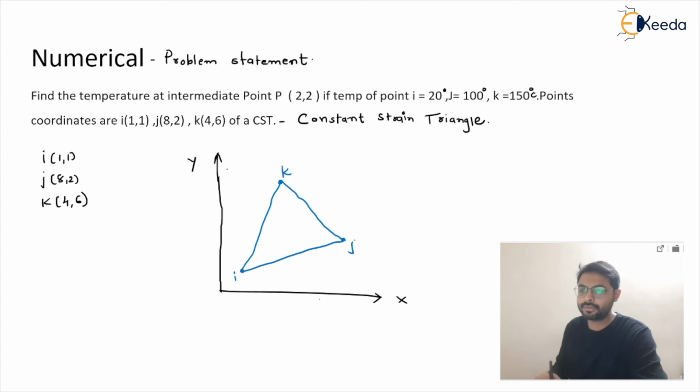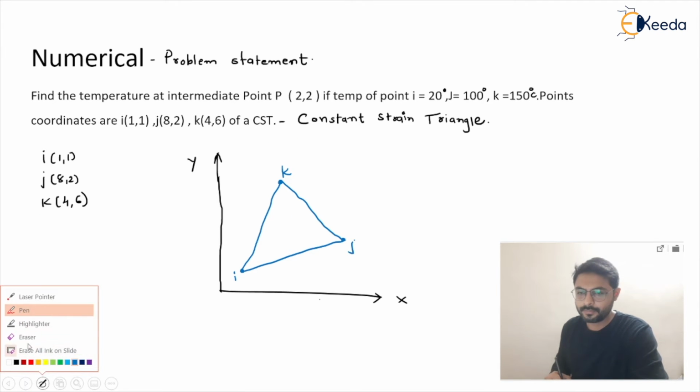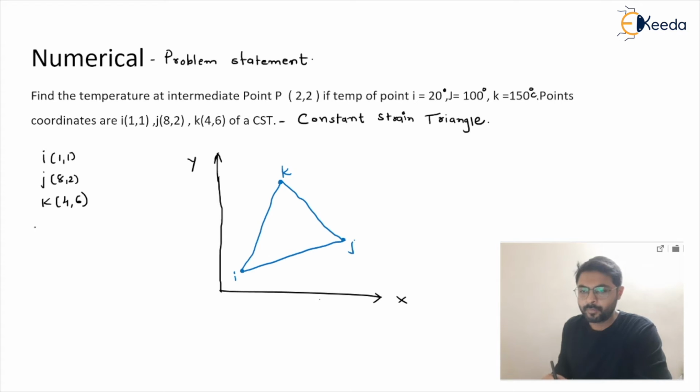Now the temperature at these nodes are given. Let's say the temperature of I point is denoted by theta I. So theta I is given by 20 degree Celsius. Theta J is given by 100 degree Celsius. And theta K is given by 150 degree centigrade.